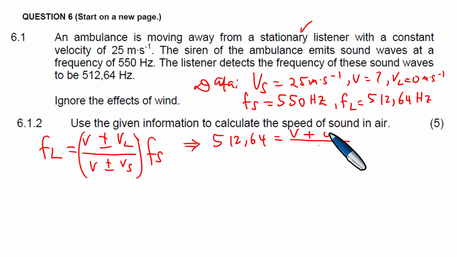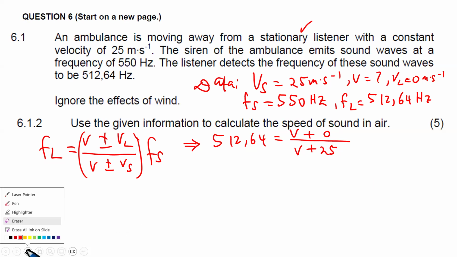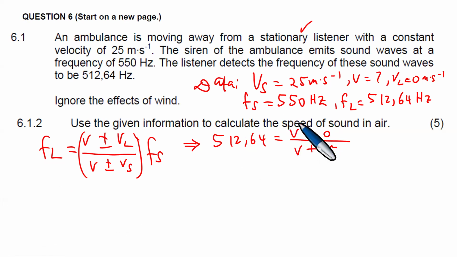You have V, and the velocity of the source is 25 meters per second. Let's bring it out for simplicity. Then you have the frequency of the source, which is 550 hertz.